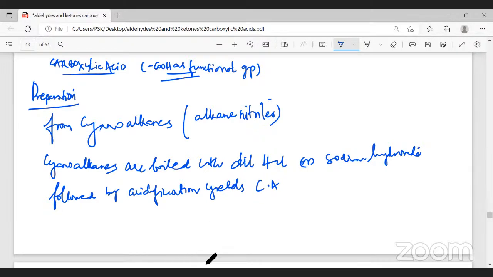For example, we will take ethane nitrile.